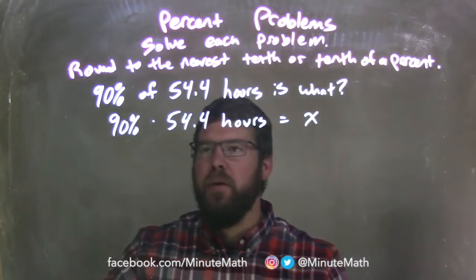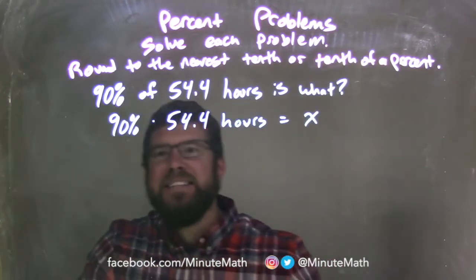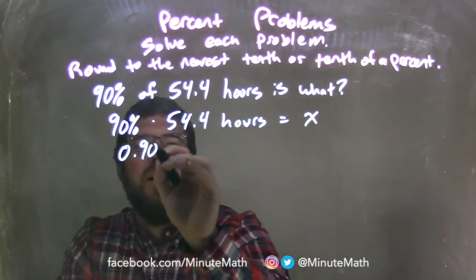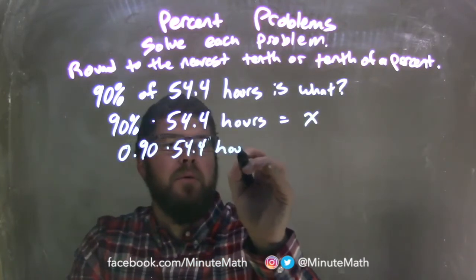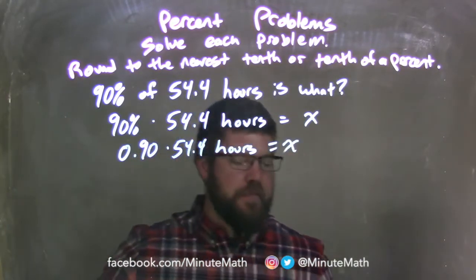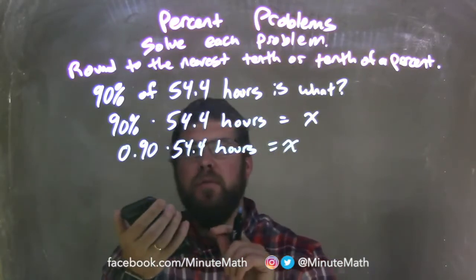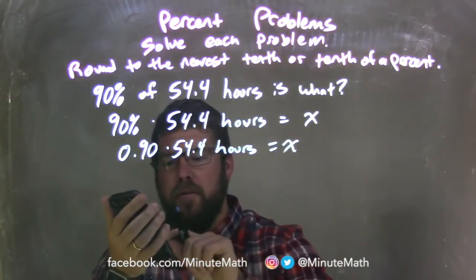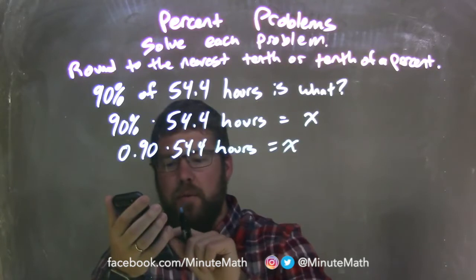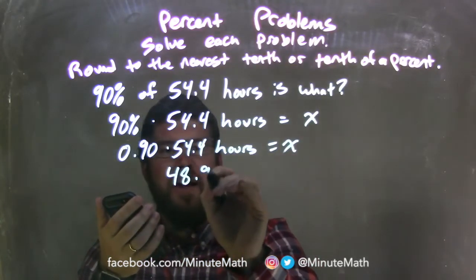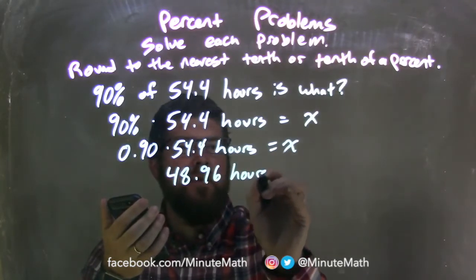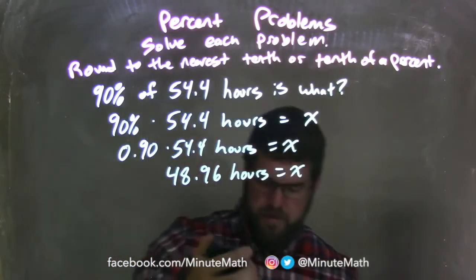X. Okay, well 90% converts to a decimal as 0.90. So 0.90 times 54.4 hours equals X. Well, what's 0.9 times 54.4? So use our calculator. It's 48.96 hours.